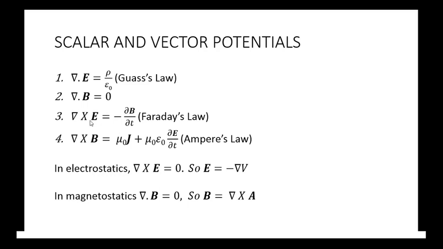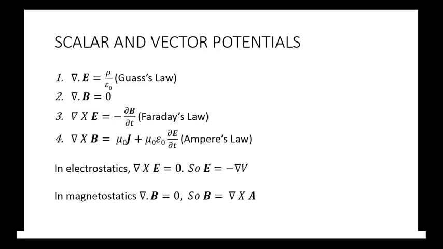Here we have del cross E is equal to minus dou B by dou T. So we have to find an equation for electric field in electrodynamics. What we are doing is taking this equation and substituting B as del cross A, so that we get the equation connecting electric field E and potentials.